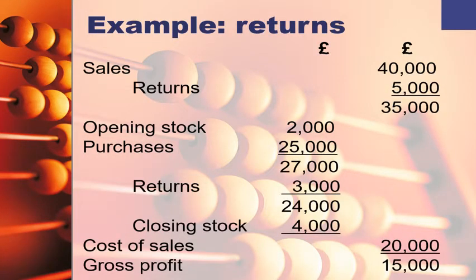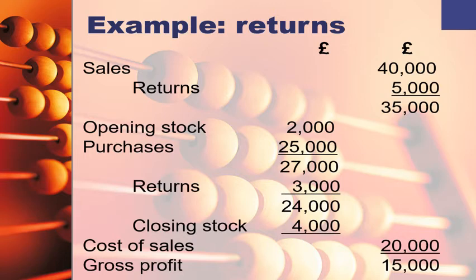Example, when we have returns, so we shall have sales 40,000, then we also have some returns inwards. So they return some goods to us, which is 40,000 minus 5,000, which is 35,000. Then we get opening stock plus purchases, we come to 27,000.